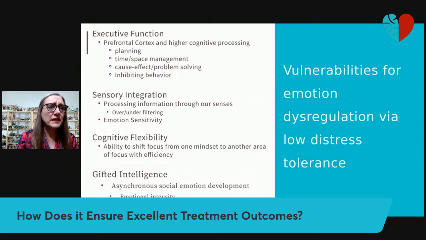And we also know with kids who are in the gifted intelligence range that they have that asynchronous development, meaning they are chronologically one age, but cognitively, because they're much more advanced, they may be in second grade, but cognitively, they may be more like in third grade.